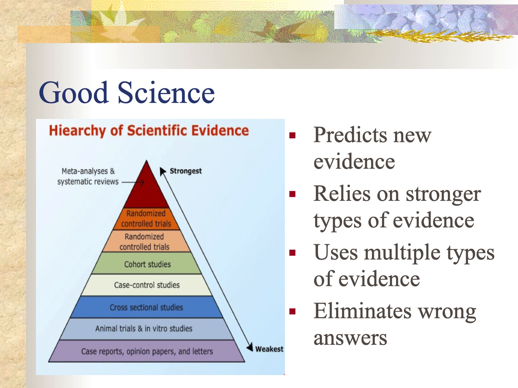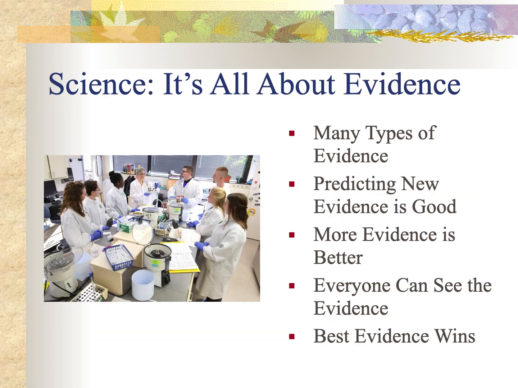The best science uses multiple evidence to sort out ideas, and it eliminates wrong ideas. You really can't prove something 100% correct, but you can prove it as the best alternative by eliminating less useful alternatives. In science, the key thing is the evidence. Scientists use many different kinds of evidence, and predicting new evidence is really good.